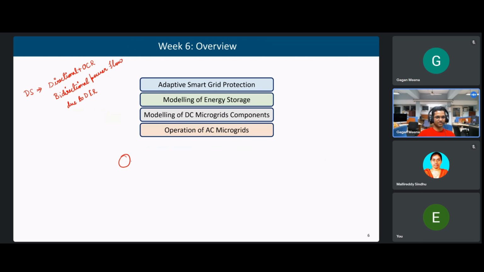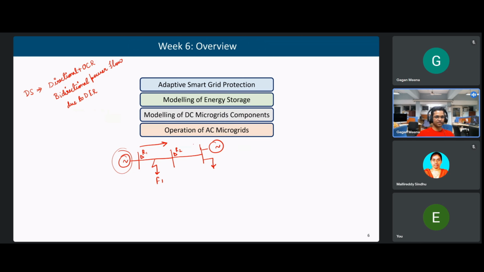If we consider this simple feeder, and we have a relay here, and a relay here, and we have a source here. If there is a fault here, F1, then this relay will only detect a fault in this direction. But if this is islanded, in the islanded mode, this source will not be there.